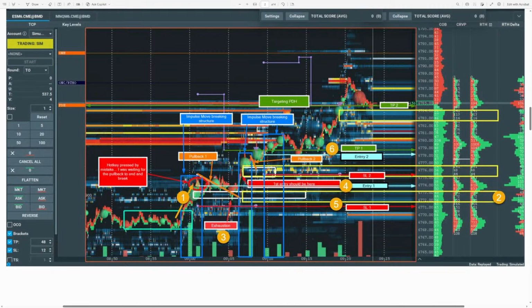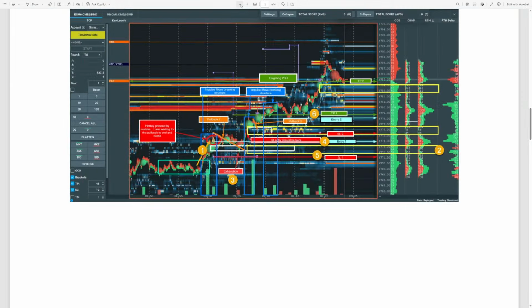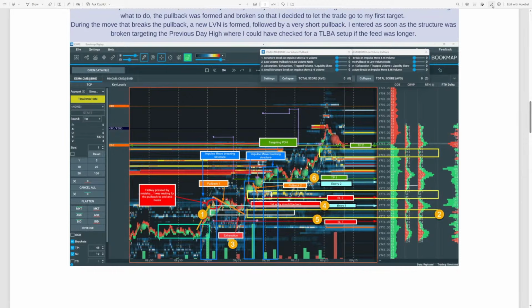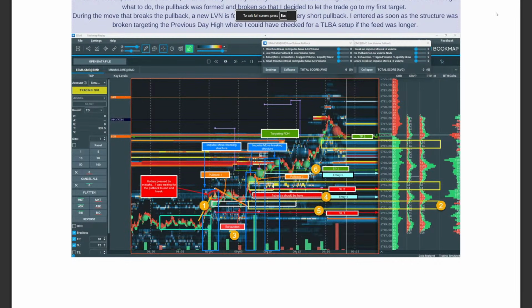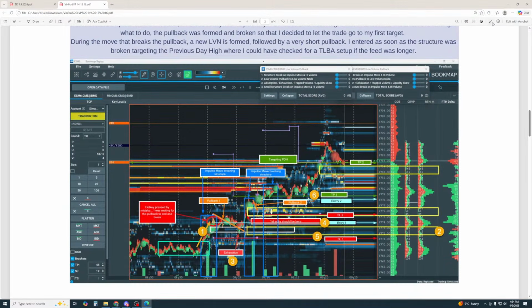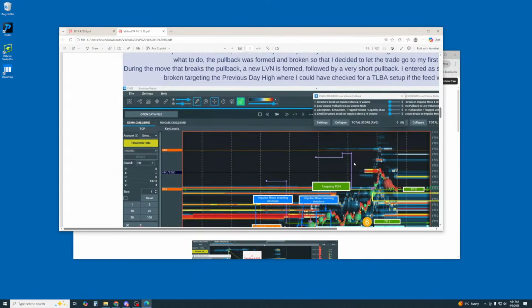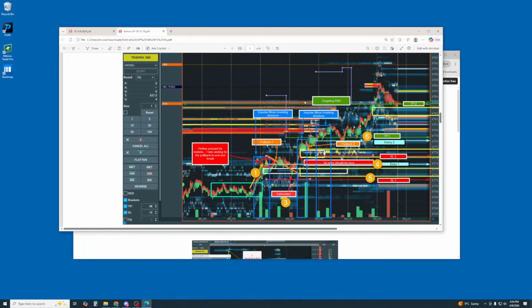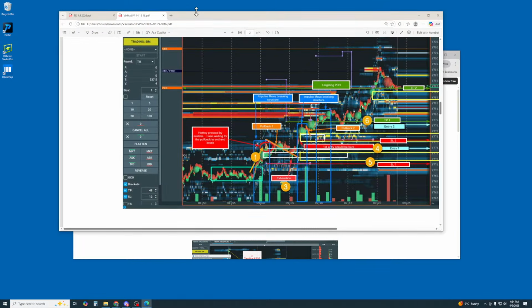Everything else is fine; this entry was a mistake for me. A mistake because I had my finger on the B. Yep, did it myself. I was waiting for the pullback to occur, and I saw the entry. And then I realized this. I let the trade go because I know this impulse move, so I decided to let the trade go and form, and you see that we are there on the left of the 4.